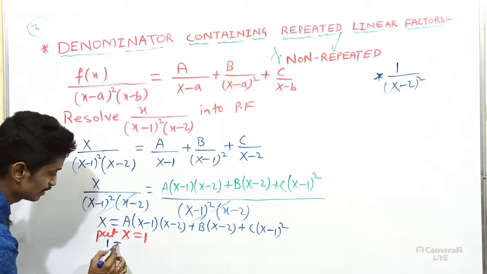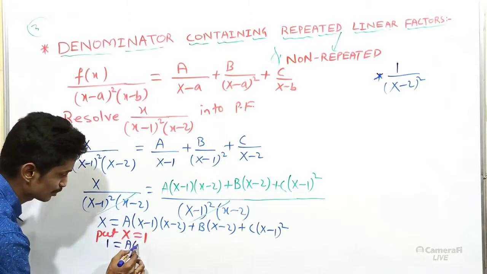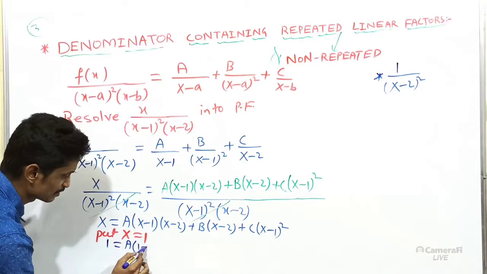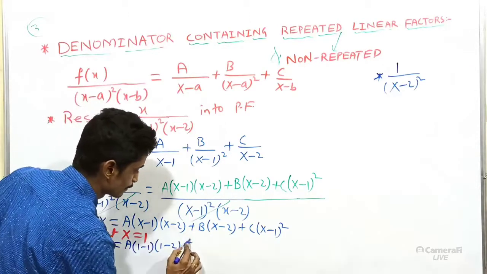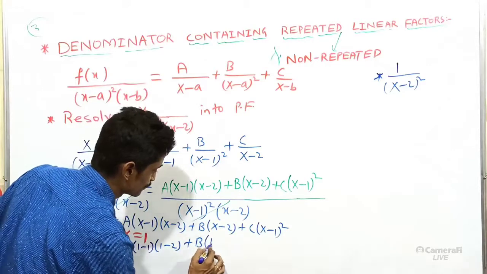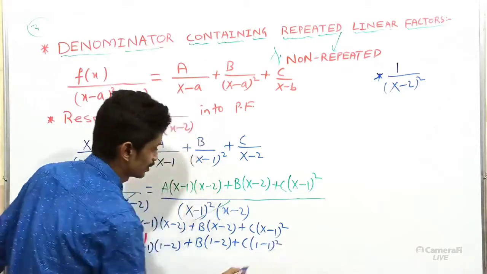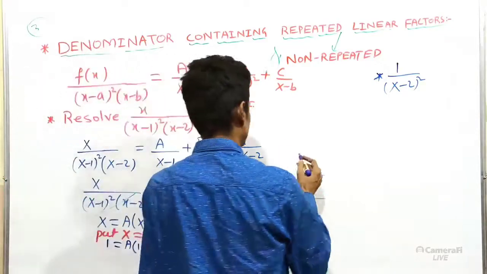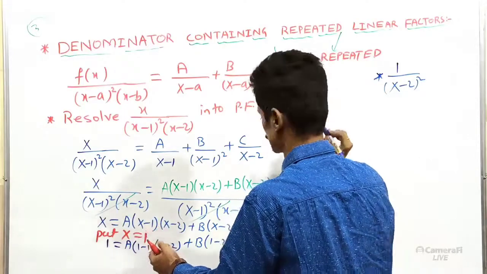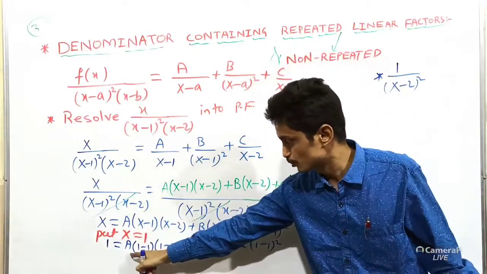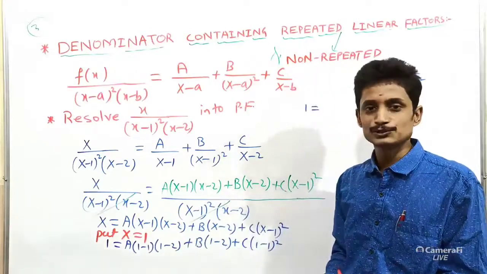LHS side 1 is equal to A into 1 minus 1, which is 0, plus B into 1 minus 2, plus C into 1 minus 1 whole square. Next step: 1 is equal to A into 1 minus 1, which is 0, so 0 into A will be 0.